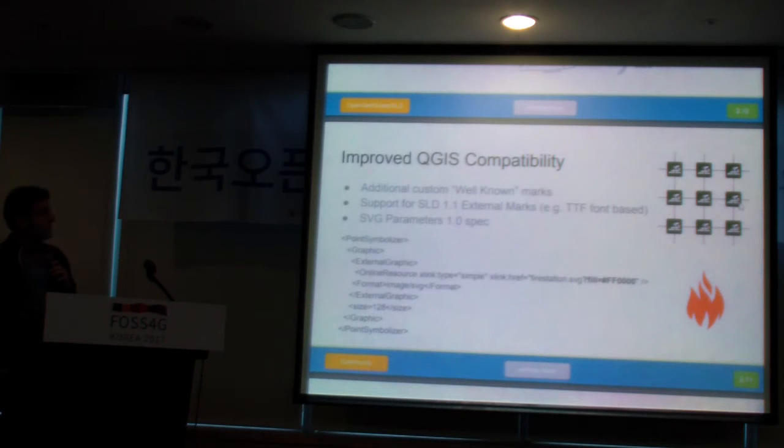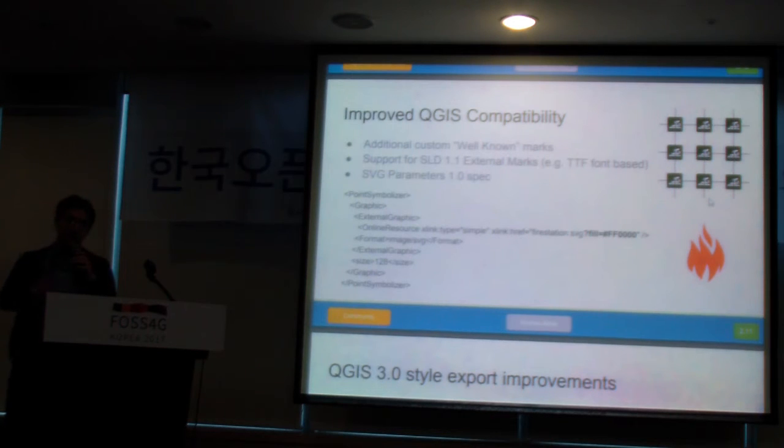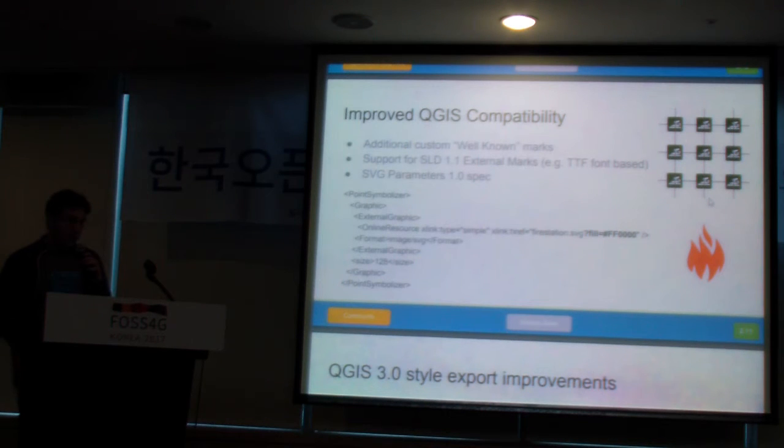Going to the QGIS compatibility, there has been some effort during the last year to make it possible to generate a project and a style in QGIS and then export it to GeoServer. It used to be there, but there were so many issues that the style was not actually going through properly. I have been doing some work last year and also during the last few months to improve this situation.